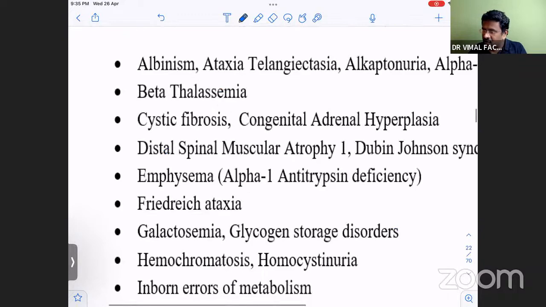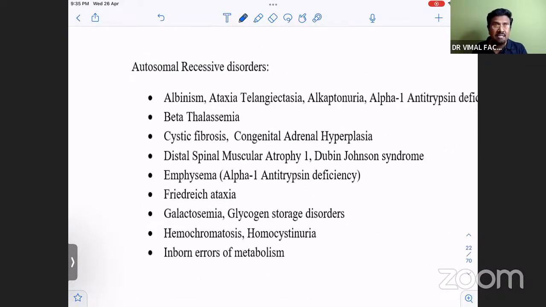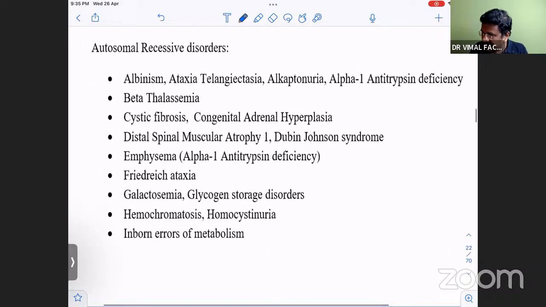Okay. Then autosomal recessive, I hope you remember this mnemonic A, B, C, D, E, F, G, H, I. Albinism, ataxia telangiectasia, alkaptonuria. And one peculiar thing about autosomal recessive is that it is mostly the enzyme deficiency disorders.